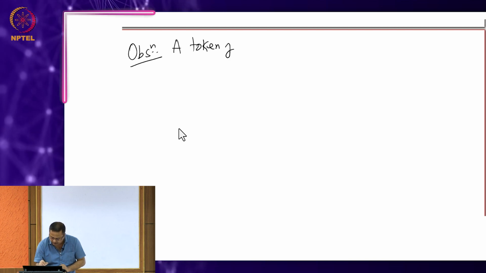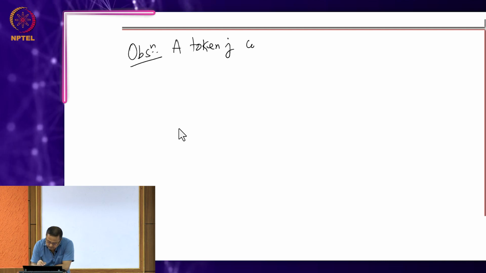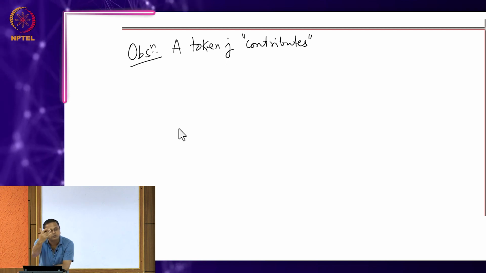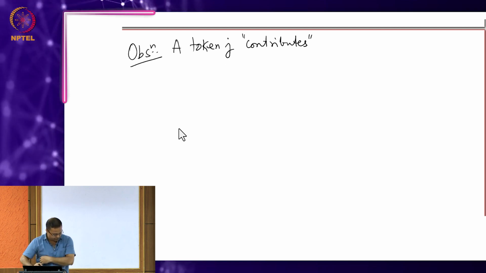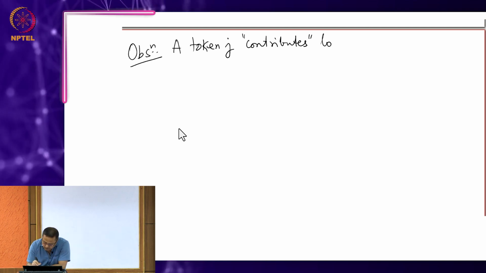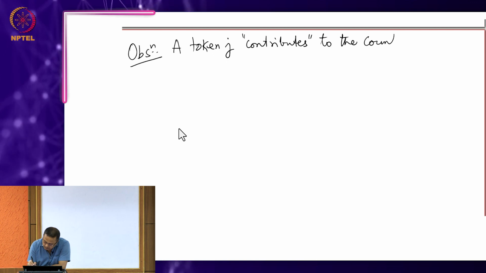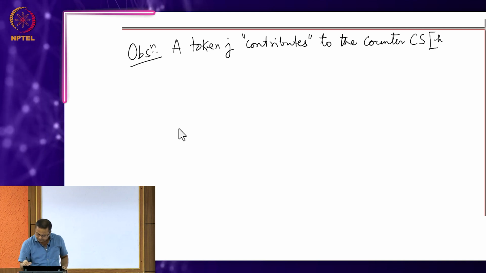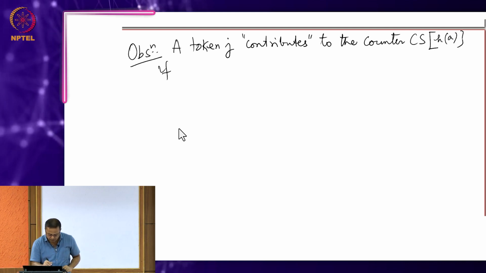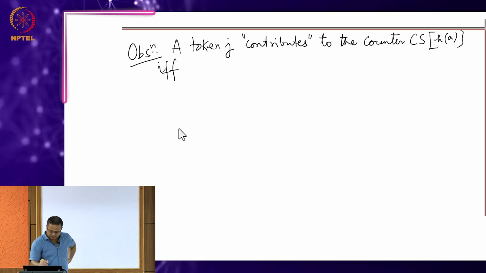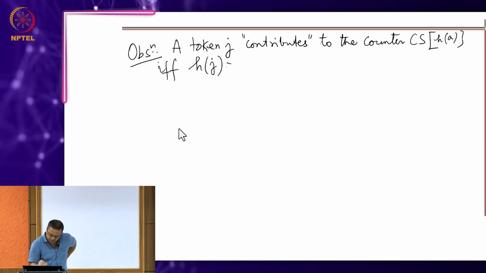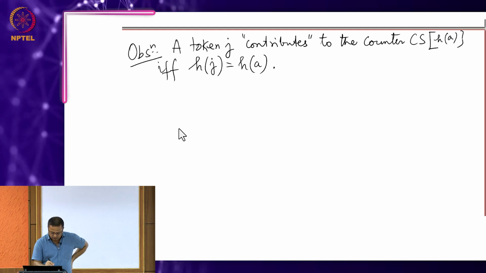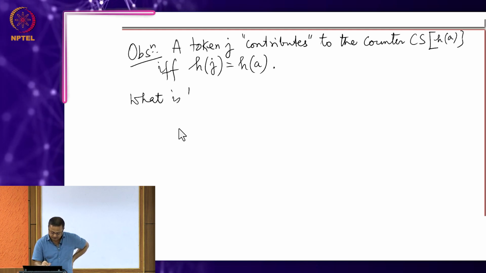So, now I look at a token j. When I say contributes, it can mean either a positive contribution or a negative contribution to the counter C_s(h(A)) if and only if the hash value matches. Now what is the amount of the contribution that we have to fix?